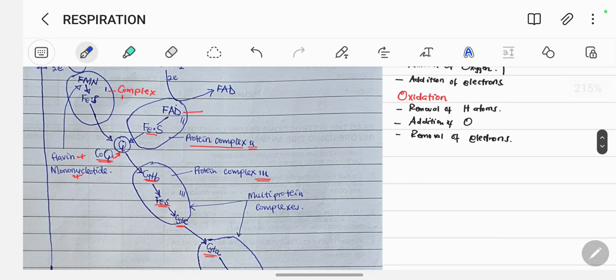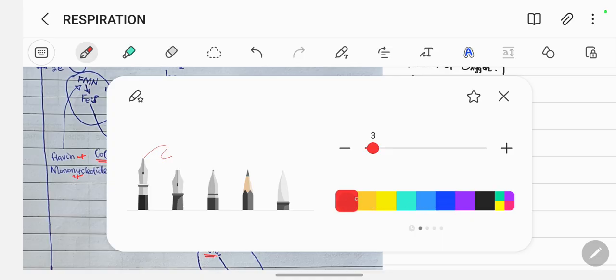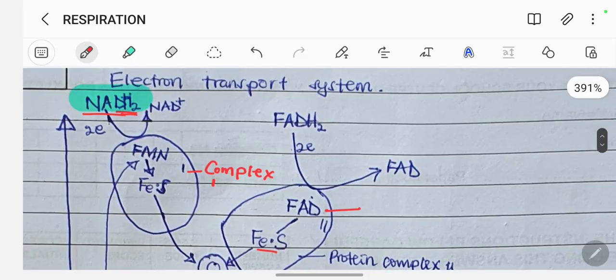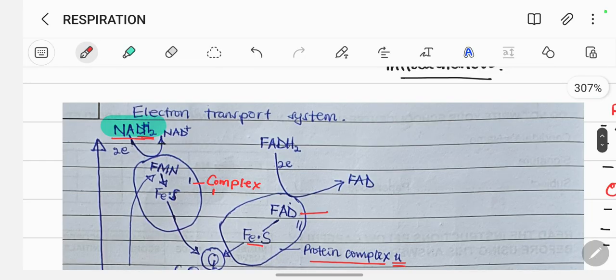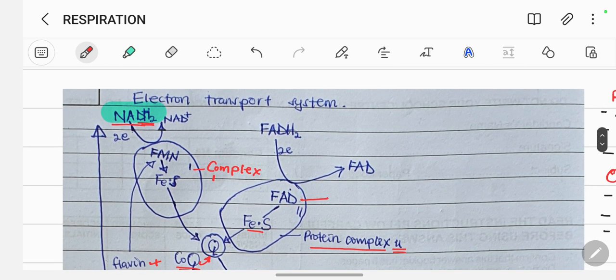So what really happens is that when you're trying to explain this, you will start by saying that during the electron transport process, electron carriers alternate between reduced and oxidized states, and they donate electrons.